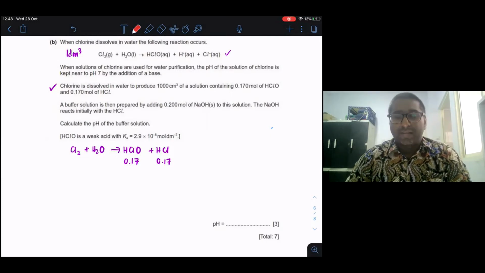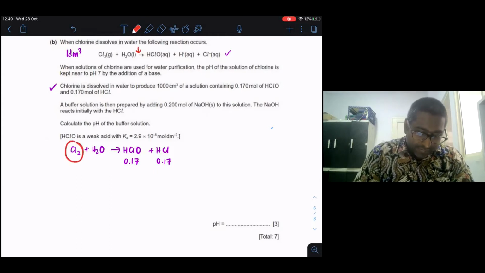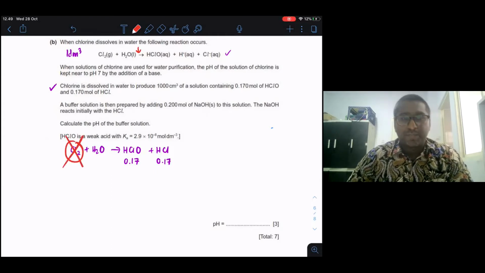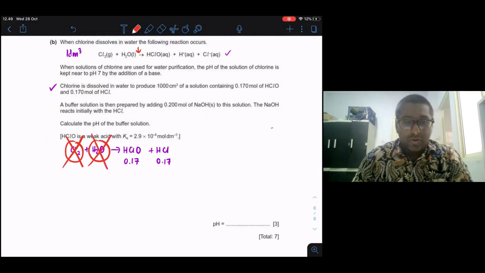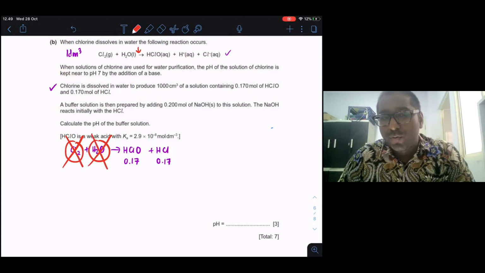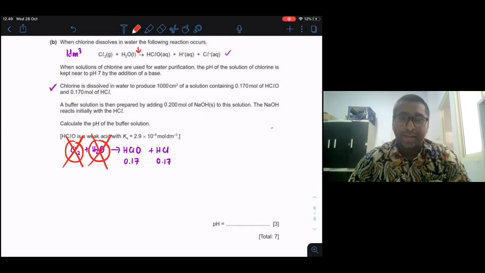When you have Cl2 with water, you are going to have HClO and HCl, and it's not a reversible process. It means all the Cl2 has completely reacted with water, and now you have HClO and HCl. I think it's easier to look at it in that way.